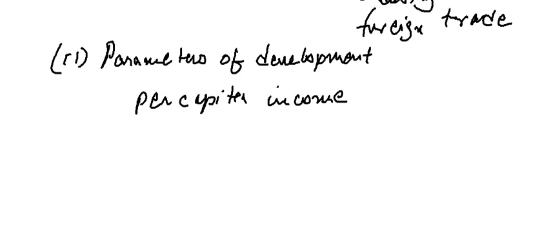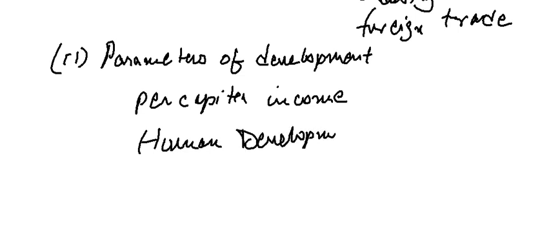After this, here you have to study the definition and limitations. The second important thing is the Human Development Index, also known as HDI. So these are two important measures we have to know.